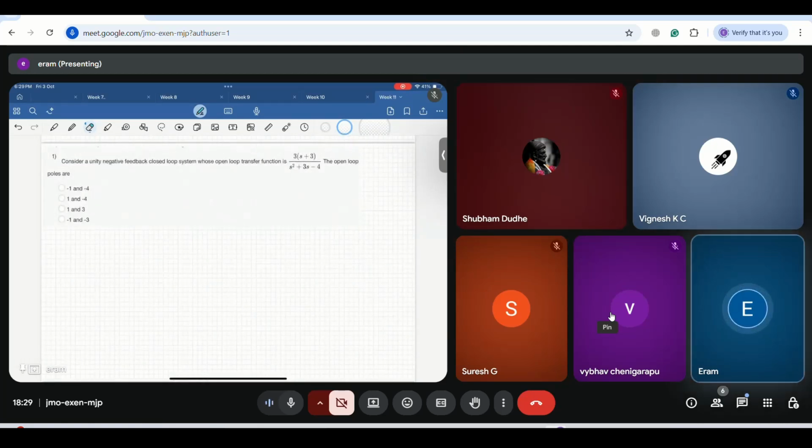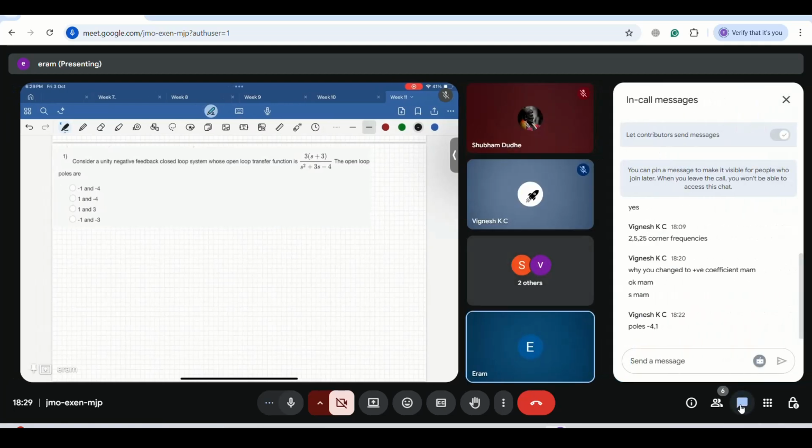Coming back to our question, what are the open loop poles? -4 and 1. Vignesh. Okay, so very basic. s square plus 3s minus 4. You can use the factorization.